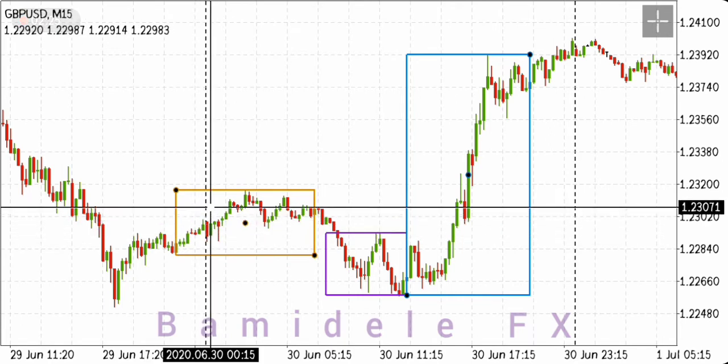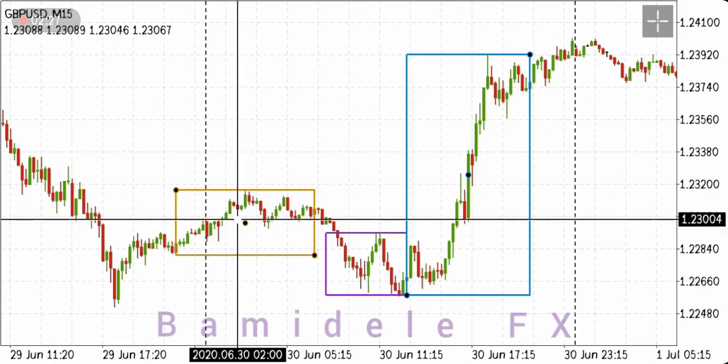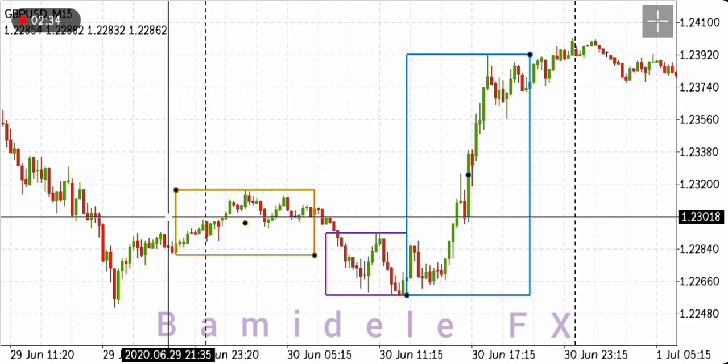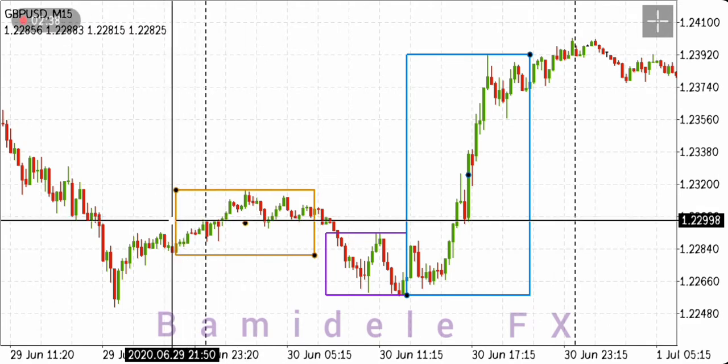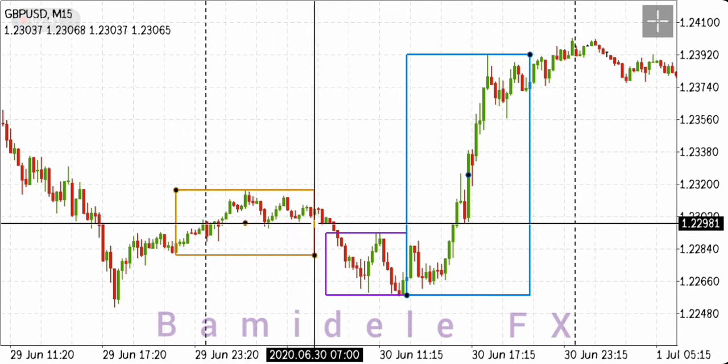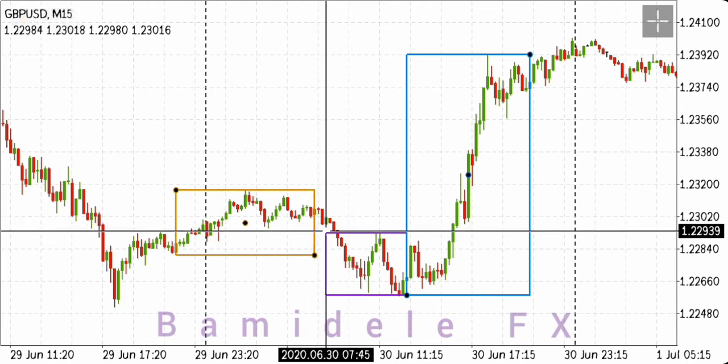It moves in ranges, up and down, tiny movements, about 10, 15, maximum 20 pips sometimes. So this is how the day begins, around 22 o'clock GMT to about 7 o'clock in the morning. After that it is followed by what?